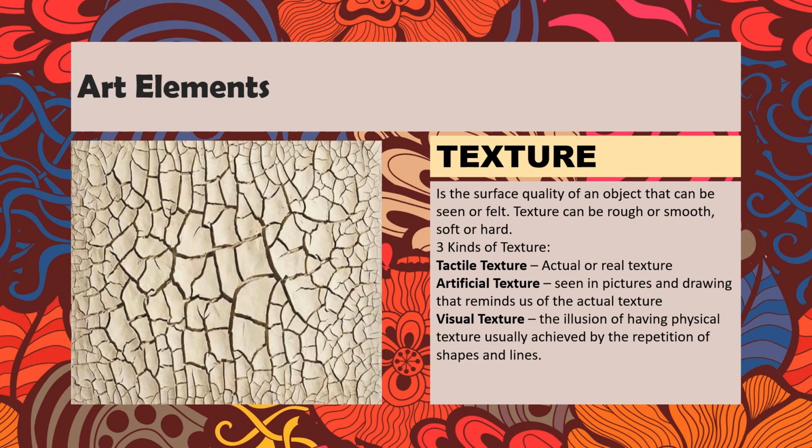Second, we have artificial texture that is seen in pictures and drawing that reminds us of the actual texture. And third is the visual texture. It is the illusion of having physical texture, usually achieved by the repetition of shapes and lines.